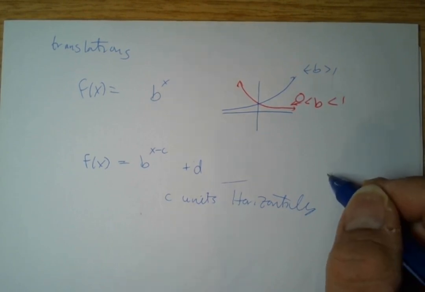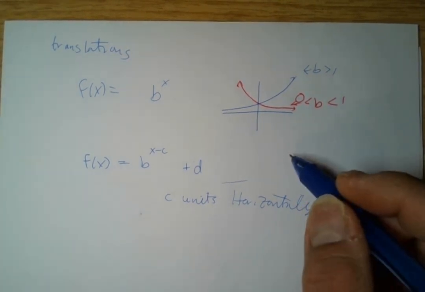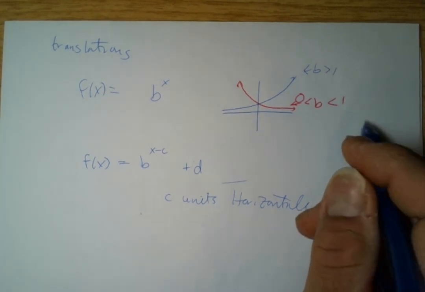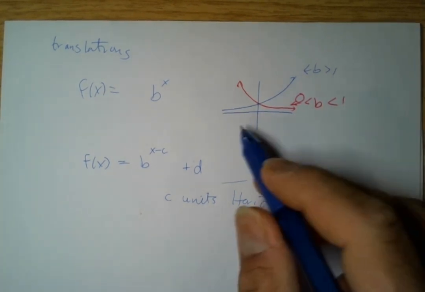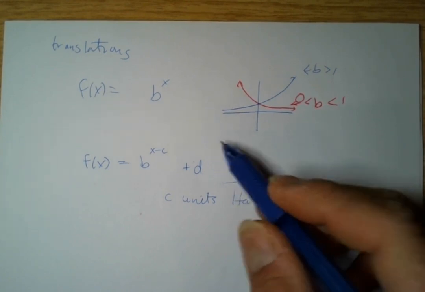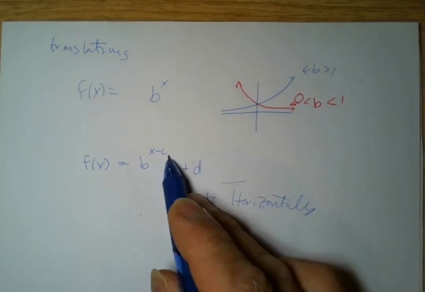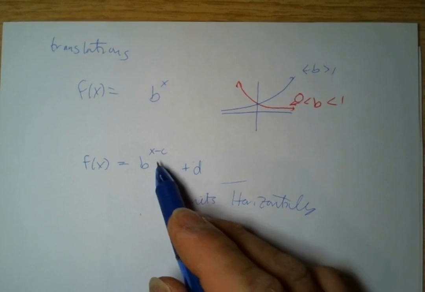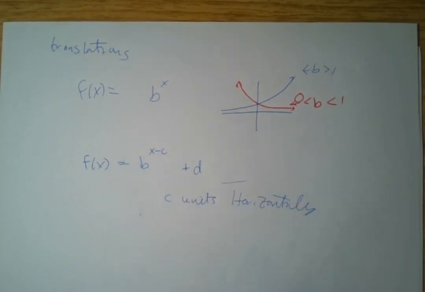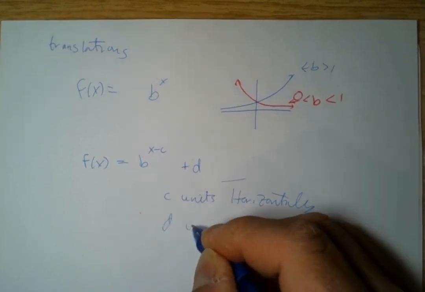If it's negative, c would go to the left, and if it's positive, c would go to the right. So for instance, if we have b to the x minus 2, that would be 2 units to the right. x plus 2, 2 units to the left. And then d units vertically.